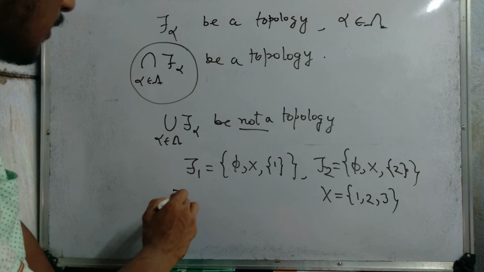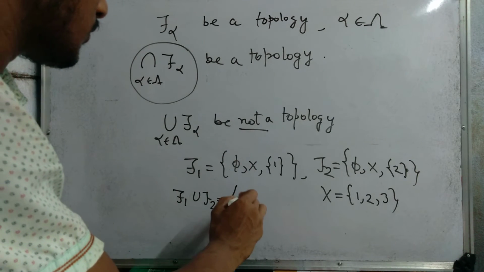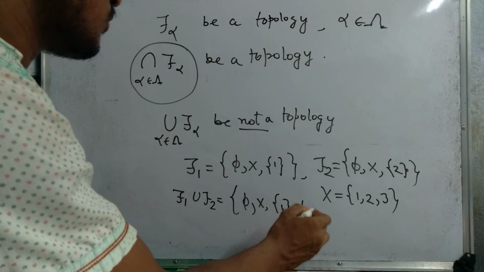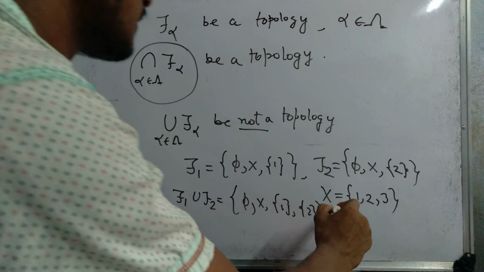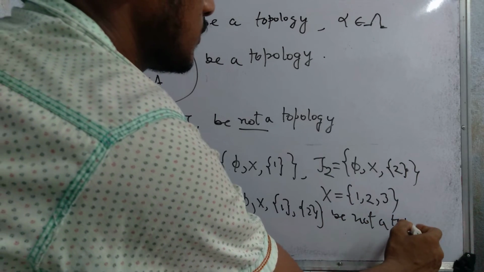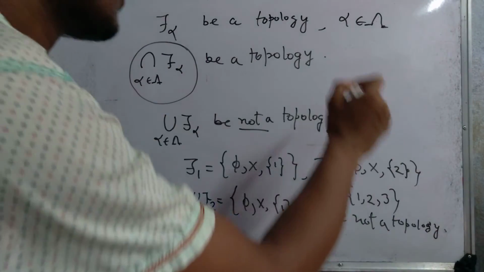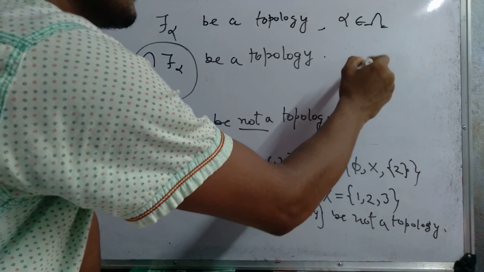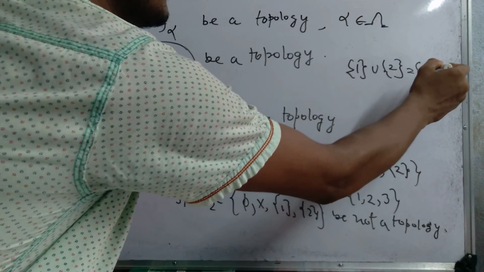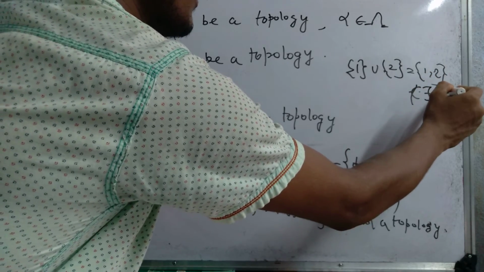Then tau 1 union tau 2 equals {phi, X, {1}, {2}}. This is not a topology. Why? Because {1} union {2} equals {1,2} does not belong to tau 1 union tau 2.